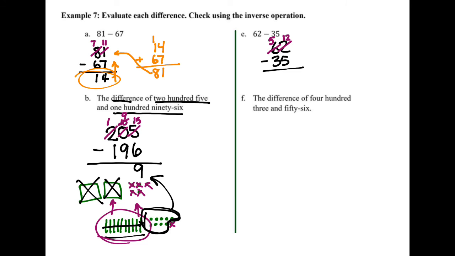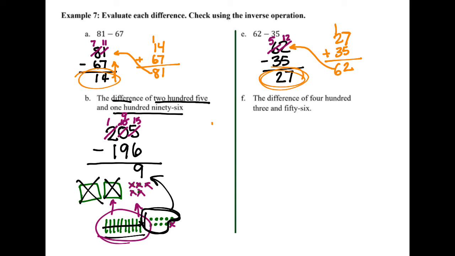So now 12 minus 5 is 7, and 5 minus 3 is 2. So my answer, add the number I subtracted. Let's see what I get. 7 plus 5 is 12. 1 plus 2 is 3, plus 3 is 6. And this is what we started with, so that is my answer.